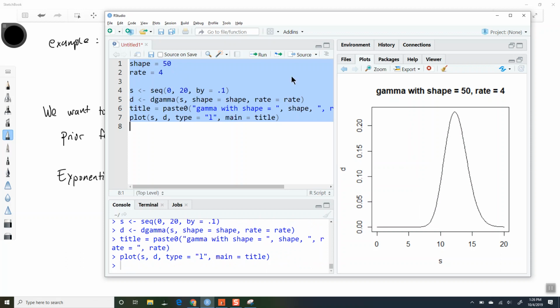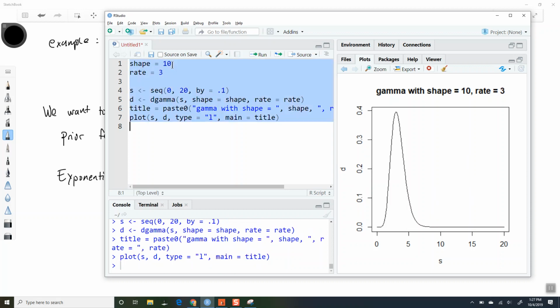What ends up happening is that the mean, the central value, ends up being the ratio between the shape and the rate, okay? So maybe I want this centered around 3. So I might do something like 10 and 3, and that looks to be centered closely.